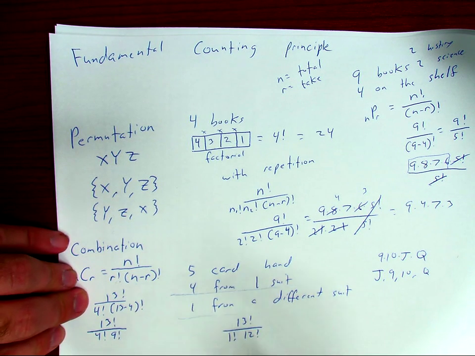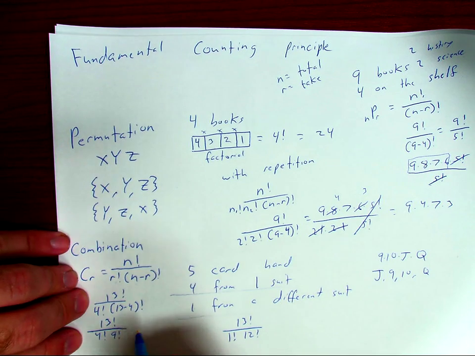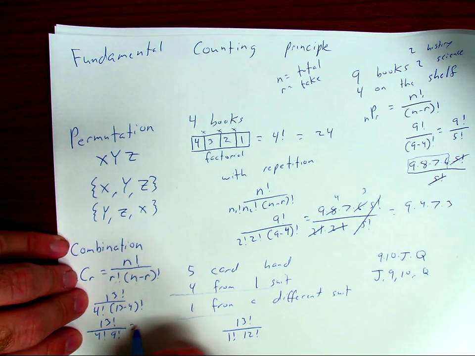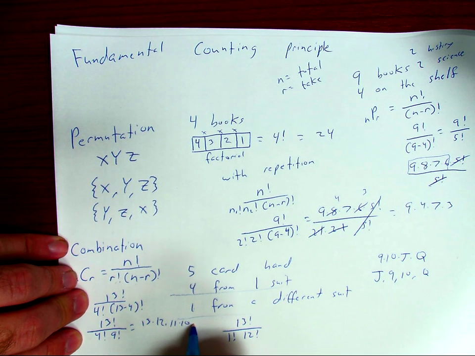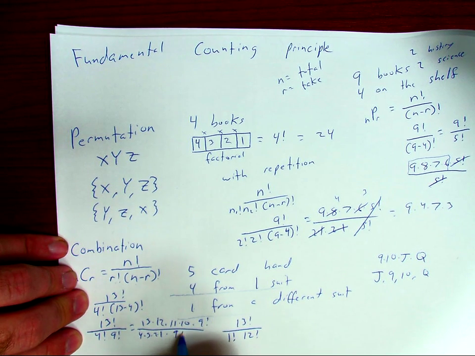And as a last step, we would multiply our combinations to see how many total possible combinations we have. So just like for permutations, we're going to reduce. So it's 13 times 12, 11, 10, and 9 factorial over 4, 3, 2, 1, and 9 factorial.